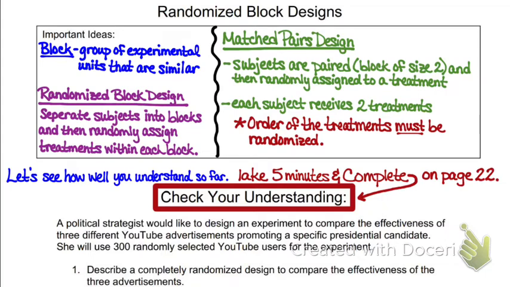For your matched pairs design, the subjects are going to be paired. And then you will randomly assign them to a treatment. Ideally, each person in a matched pairs design would get both of the treatments separately, and you test them under both conditions.